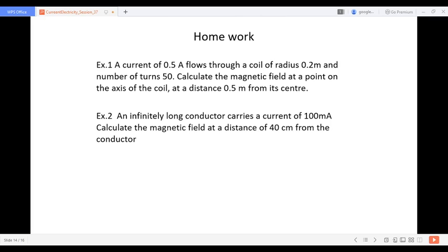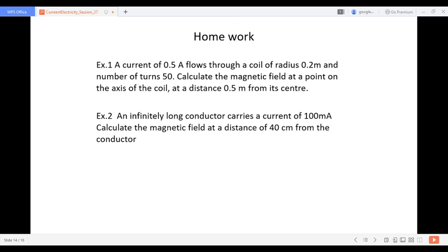These two are the homework problems. So the first problem is a current of 0.5 ampere flows through a coil of radius 0.2 meter and the number of turns 50. Calculate the magnetic field at the point on the axis of the coil at a distance 0.5 meter from the center.